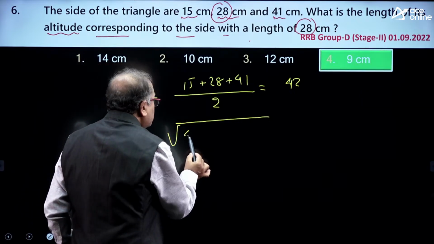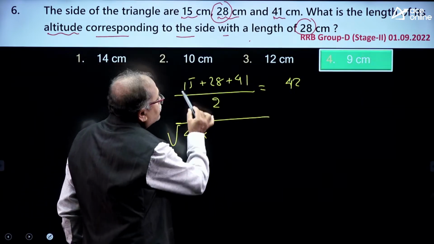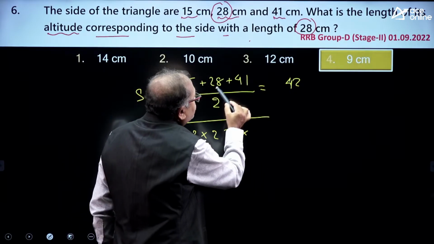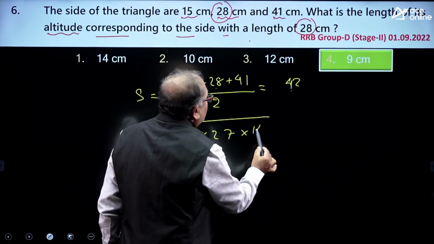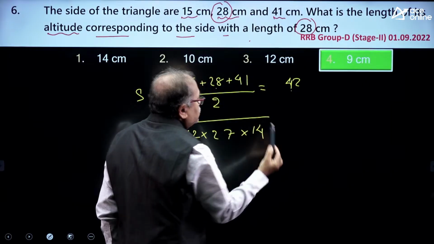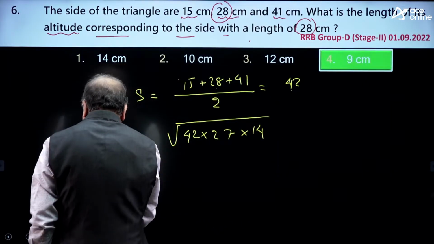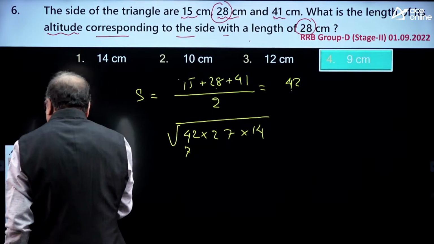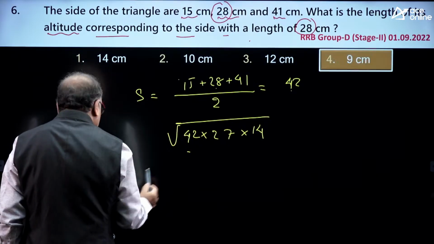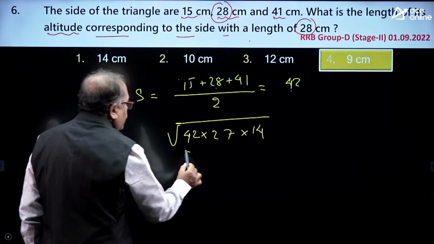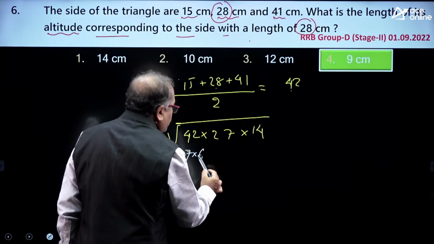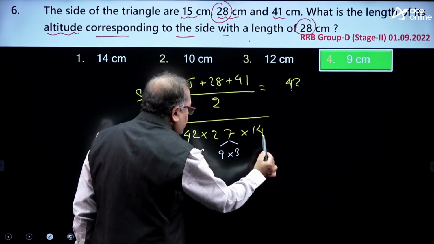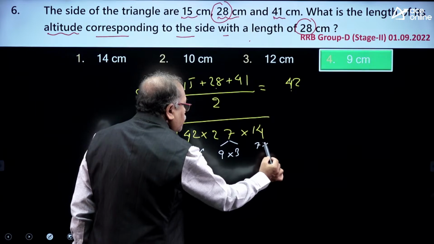So, I am taking these values 42. The difference between these two numbers is 27, the difference between these two numbers is 14, and the difference between these two numbers is 1. I don't need to write down 1 here. Now, break this number here, that is 7 into 6 here, and this is 9 into 3 over here, and this is 7 into 2 over here.